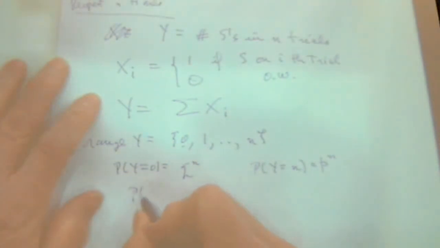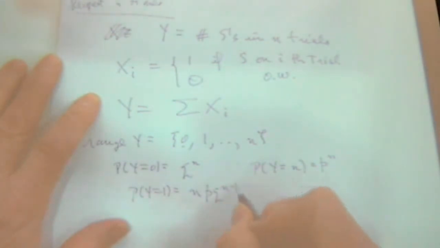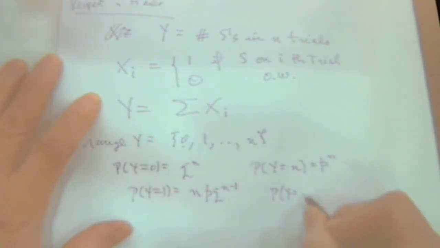And these are independent again, so it's q n times. Likewise, you get this one, same way.